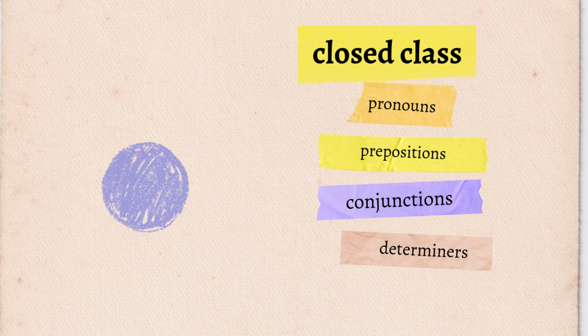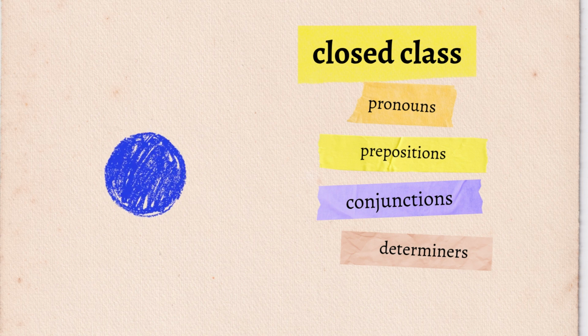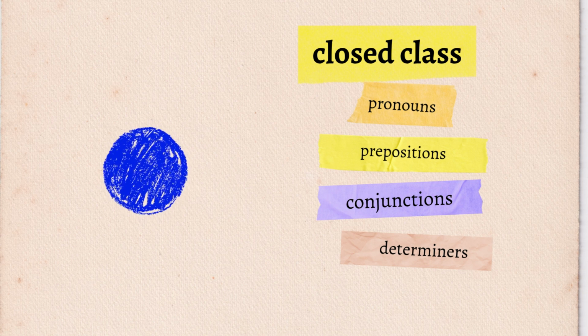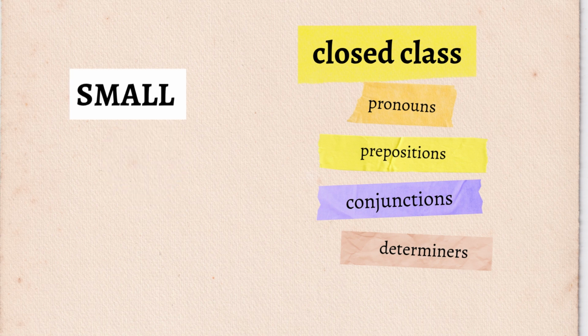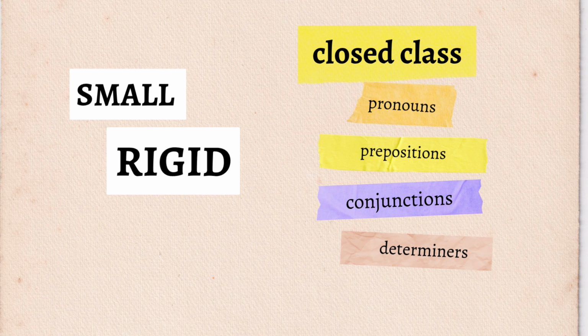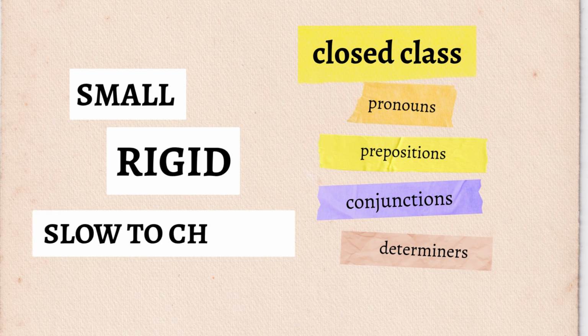The closed class is made up of only several hundred words. It rarely absorbs new words or loses old ones, and the words it does contain rarely change form or evolve in their meaning. So the closed class is comparatively small, it's much more rigid, and it's very slow to change.